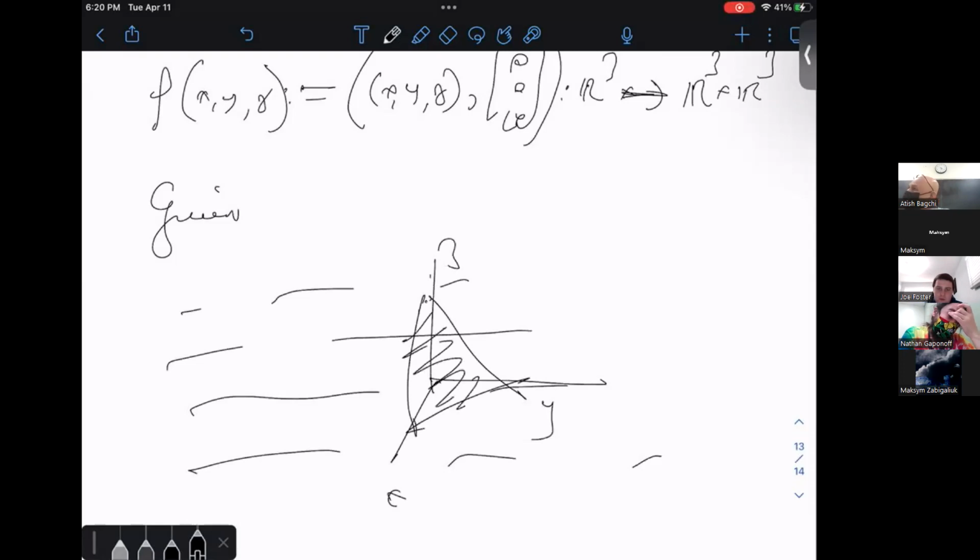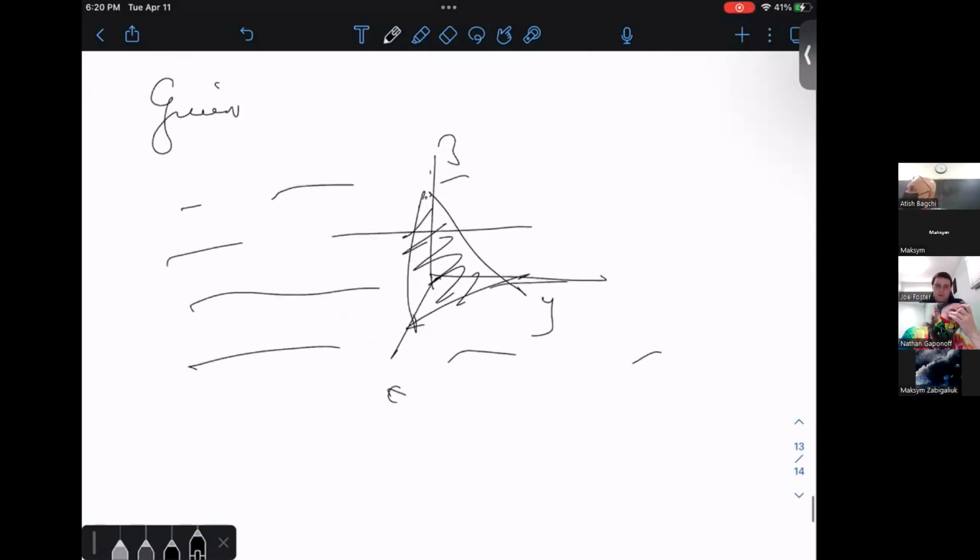line segment? The area is the integral of the norm of the unit normal. This is the surface integral of the norm of the normal.